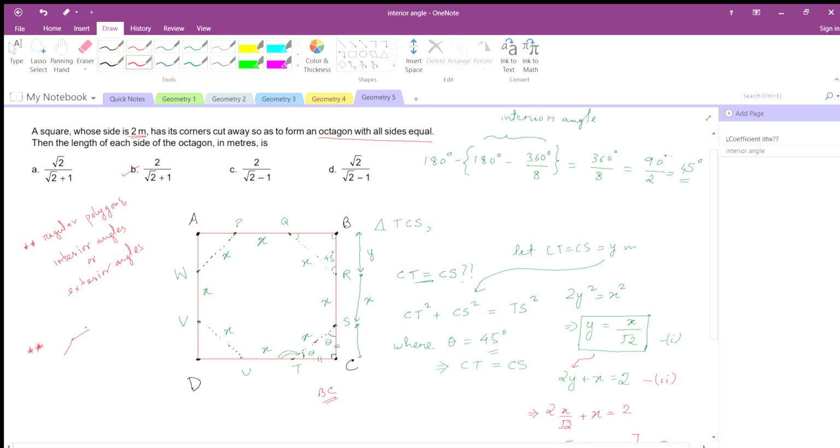If you are given a regular octagon, just extend the sides and join them to form a square, and then solve the question as per the given information. This way you will find it easier to solve questions related to regular octagons.